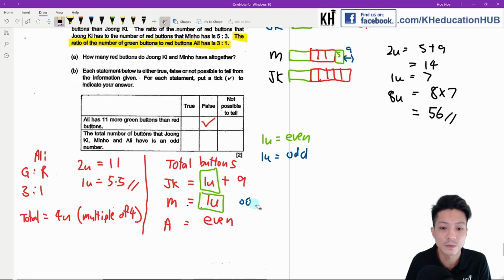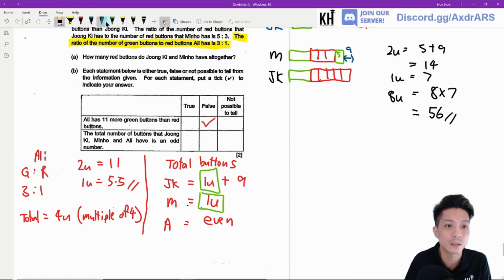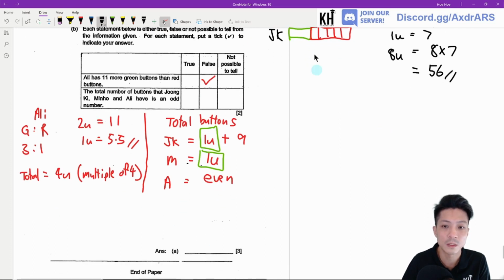Okay, I'm gonna erase this part here. Should I write down a working? Maybe I'm gonna write it over here.